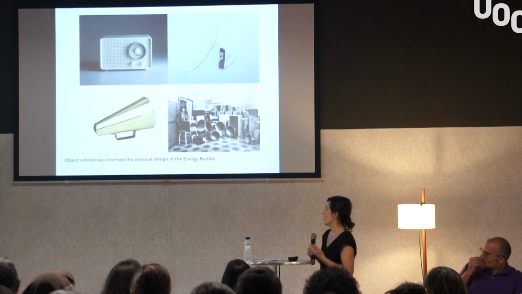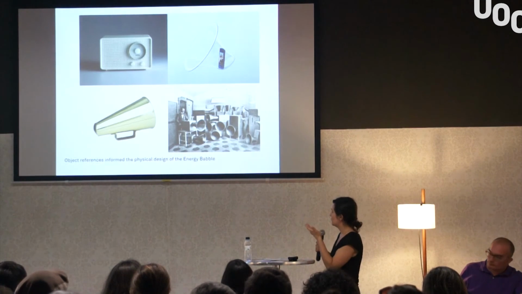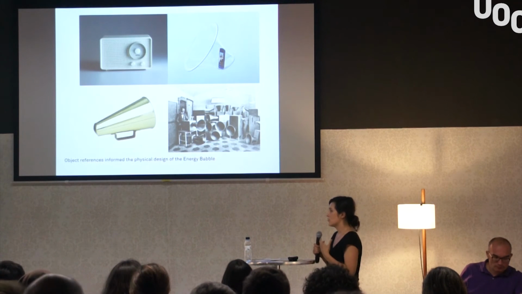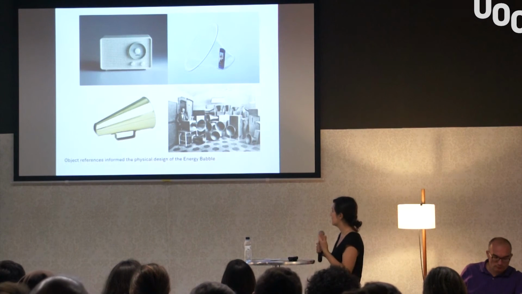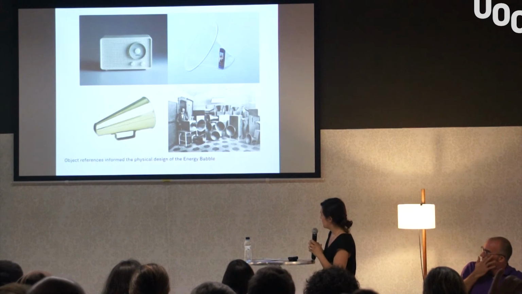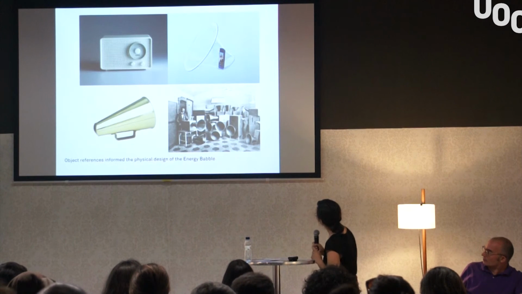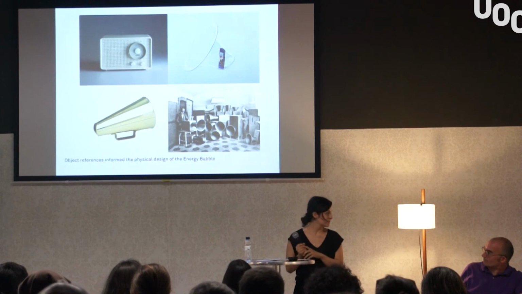We looked into radios from different eras. This is a Brown radio, other sound objects such as megaphones, or this is another image of a futurist installation called the Intonarumori.